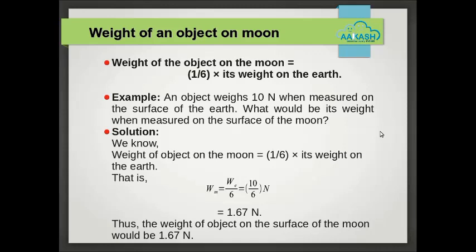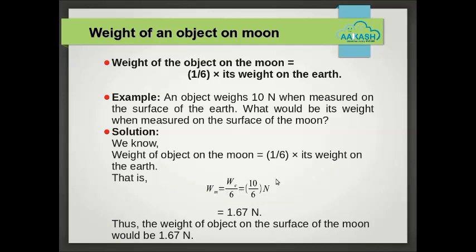Let's take an example for better clarity. If an object weighs 10 N when measured on the surface of the Earth, what would be its weight when measured on the surface of the Moon? Let's see its solution. We know that weight of the object on the Moon equals 1/6 of its weight on the Earth, that is Wm equals We divided by 6.